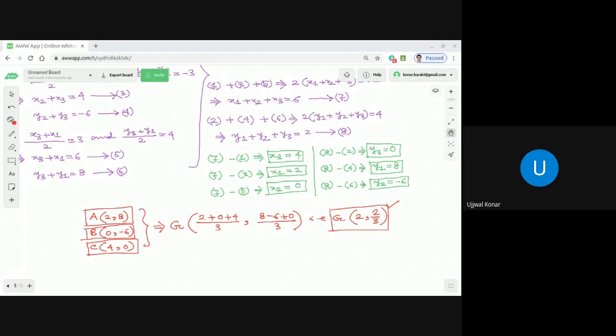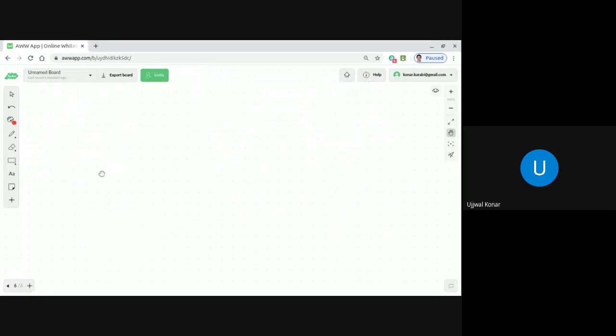Now, one question I would like to do related to reflection, because reflection is also one topic we have done today. So I want to solve one problem related to reflection, and here it is. This is question number 4.